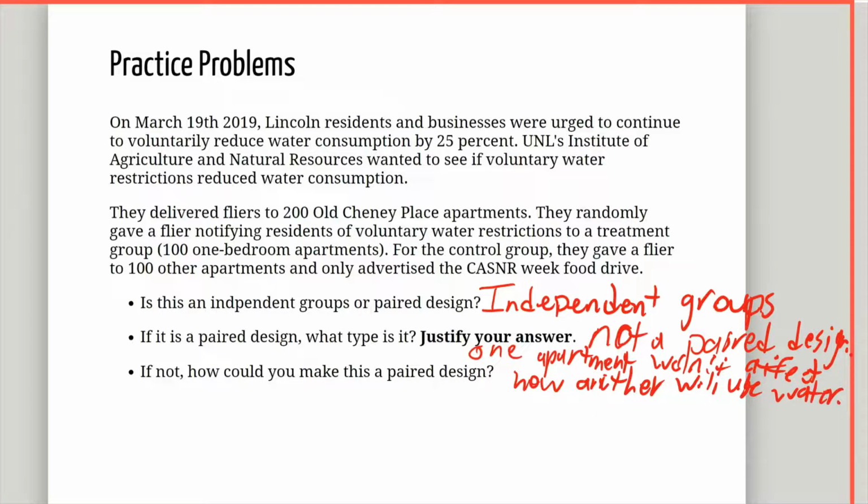Okay, if not, how could you make this a paired design? Interesting question. How can we make this independent groups design into a paired design where apartments will be related to one another?